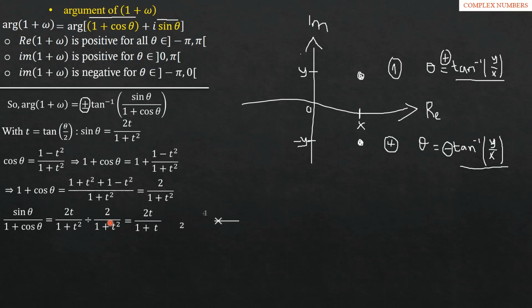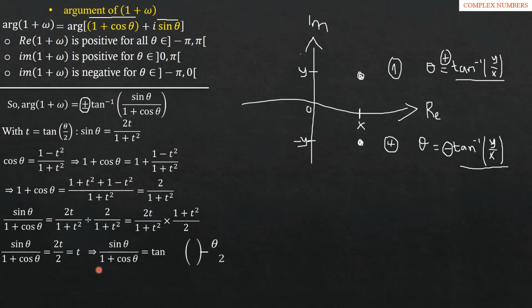Replacing the division sign with multiplication, I need to invert the numerator and the denominator of the fraction I'm dividing by. So the numerators can cancel. That's 1 plus t squared cancels with the denominator here, and 2 cancels as well. So at the end we get sine theta over 1 plus cos theta to be equal to t. But what is t? It is tan theta divided by 2.